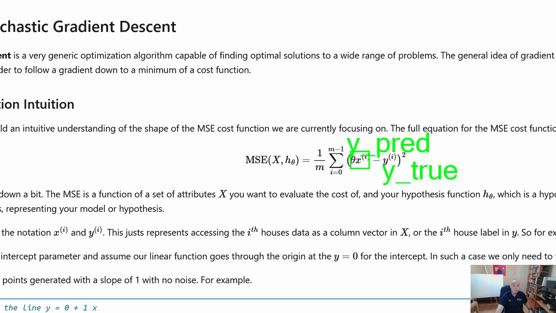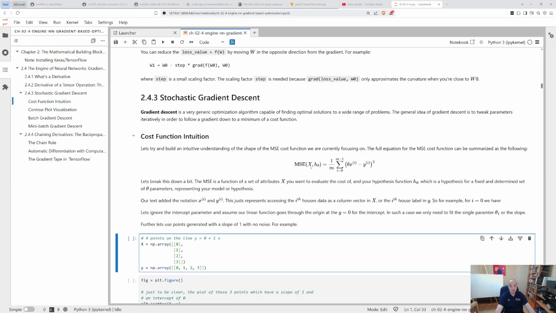We have m inputs that we're doing this for. Once we get the difference between those, we square them, and then we sum them all up and average, and that gives us a measure of loss over a batch of m input samples. This is a basic example of a loss function we could use for a regression problem.